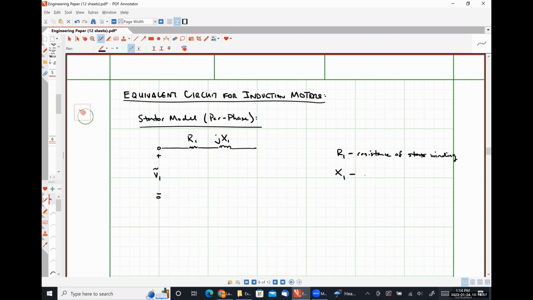X1 is the reactance of our stator winding, and it represents losses due to flux leakage, just like it did in a transformer.